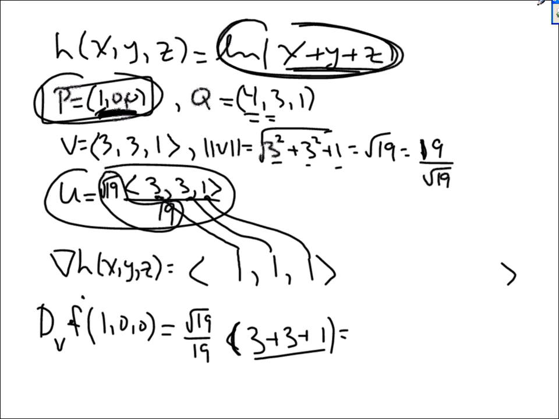This is 7. Square root of 19 times 7 is the same as 7 times the square root of 19. And do not forget to divide by that 19. And there is your directional derivative.